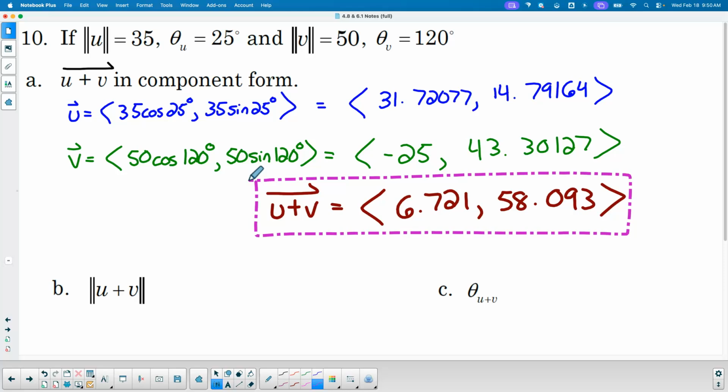If I wanted this one in linear combination form, it would be 6.721i plus 58.093j. Okay.